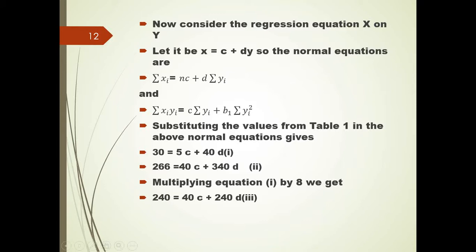Again, for the second equation, multiply this with yi, because x is the dependent variable. So sigma xi yi equal to c sigma yi plus, actually there is a mistake, it's not b1, it is d sigma yi squared.